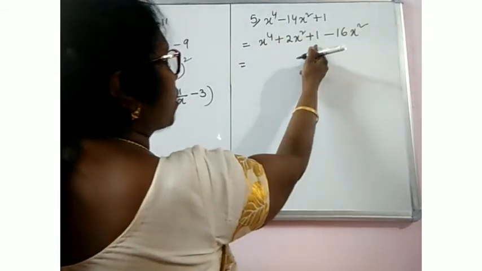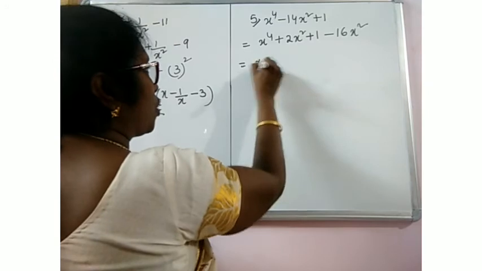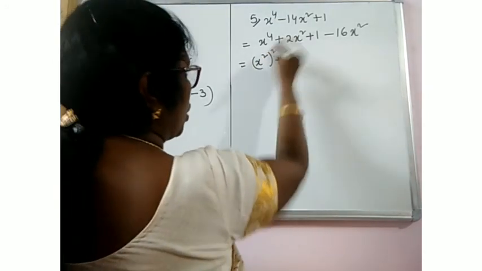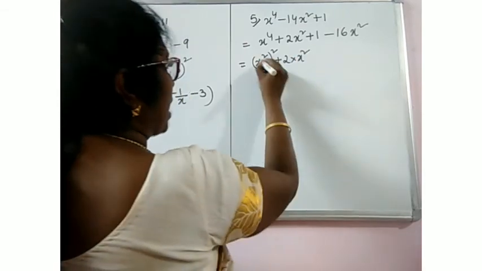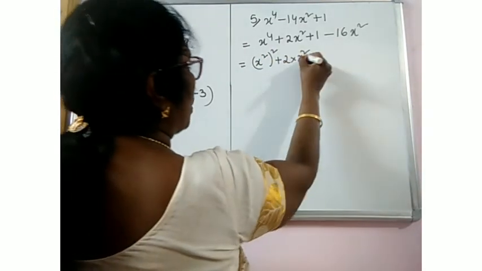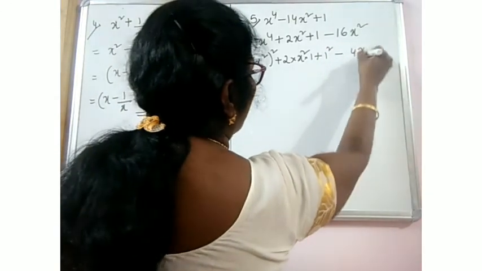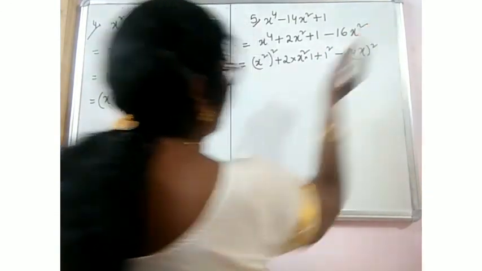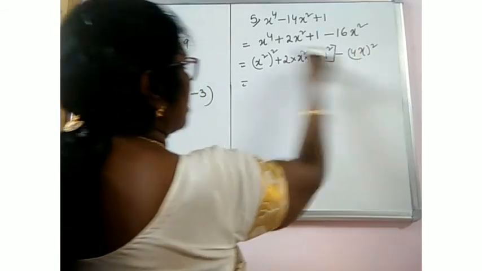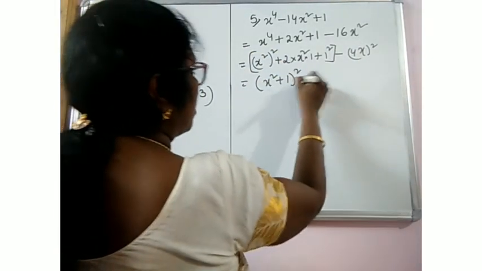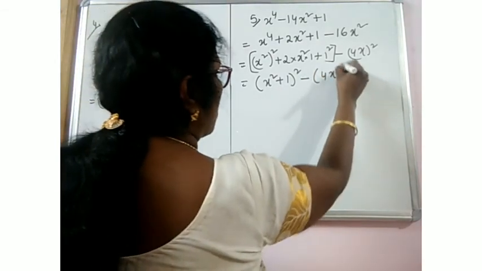Again it is like (x² + 1)². If you don't know, let me expand and show you. (x²)² + 2ab + b² − (4x)². Now this is like (x² + 1)² − (4x)².